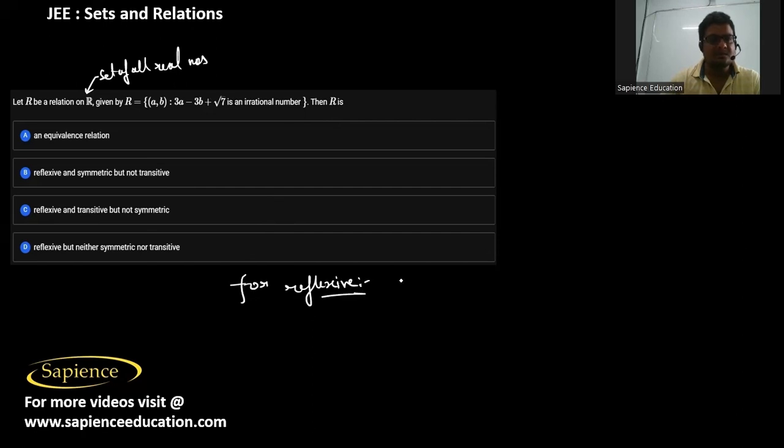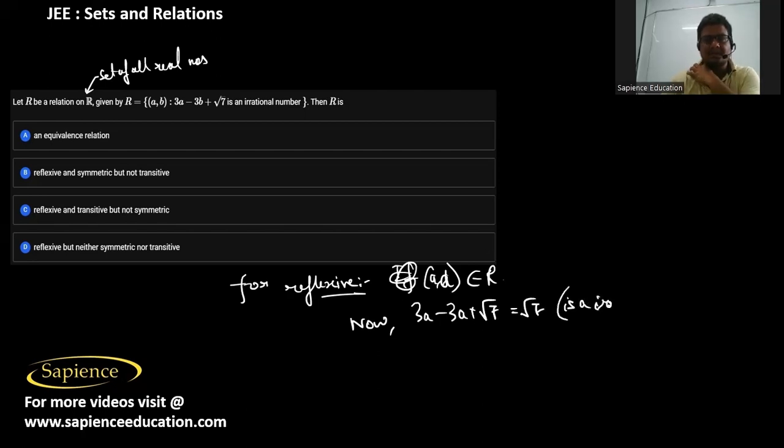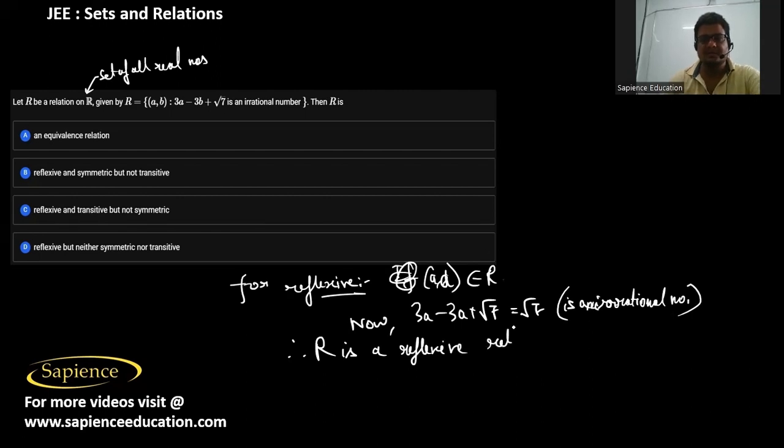For reflexive, we should have that (a, a) should belong to the relation R. So now (a, a) means it should be 3a minus 3a plus root 7, which is equal to root 7, which is an irrational number. So hence the relation R is a reflexive relation.